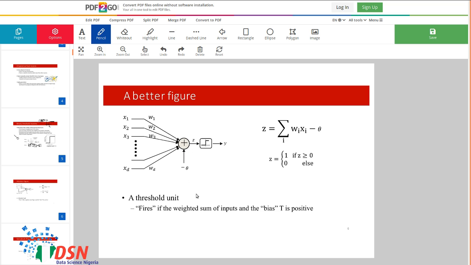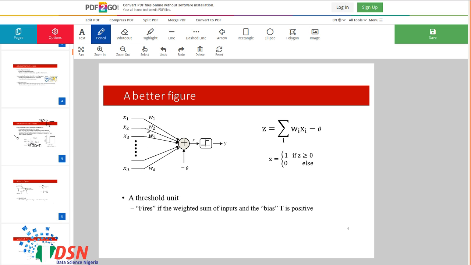This is a better figure to see how the neural network works. We have x1, x2 to xt, which is the total number of features of the input data.